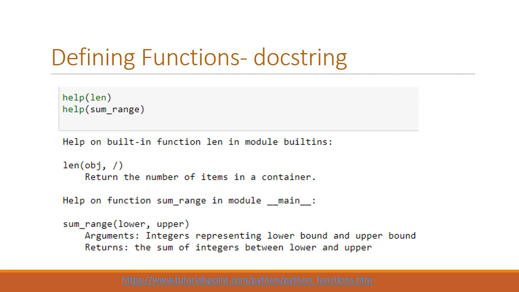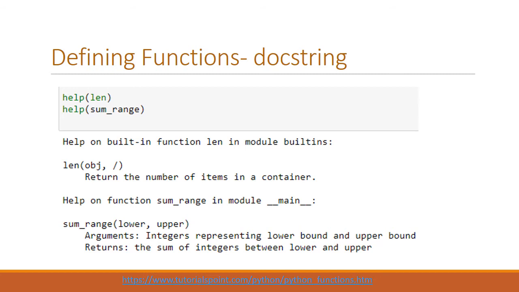I'm asking the Python interpreter to give me some information about the built-in len function. The second statement, help, then within parentheses sum range, I'm asking the Python interpreter to give me some help information regarding the function sum range. And that, of course, is the one we wrote.